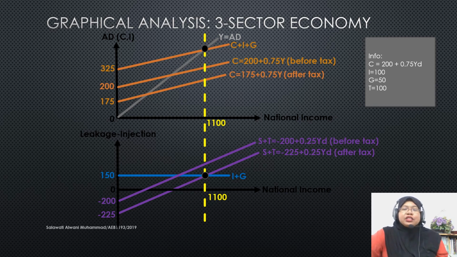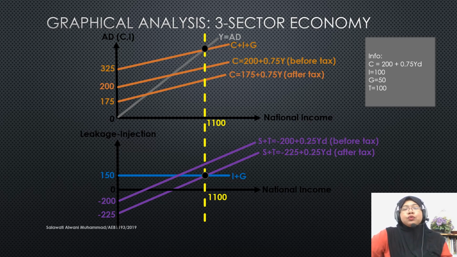Next, for the three-sector economy, we look at the C lines. The lowest is C equal to 175 plus 0.75Y, which is after tax, meaning after the government imposes tax.